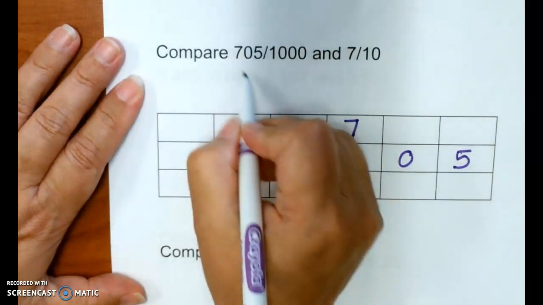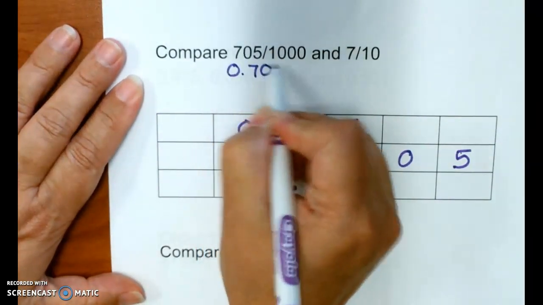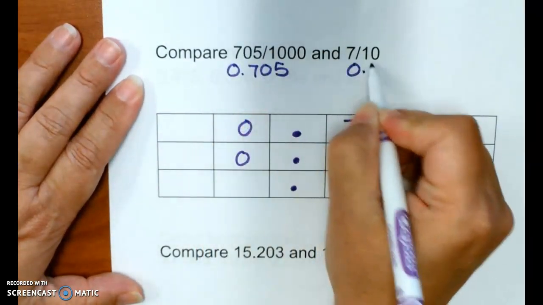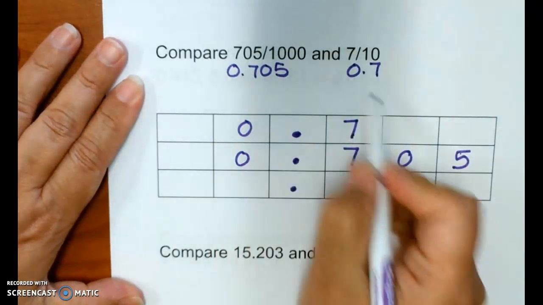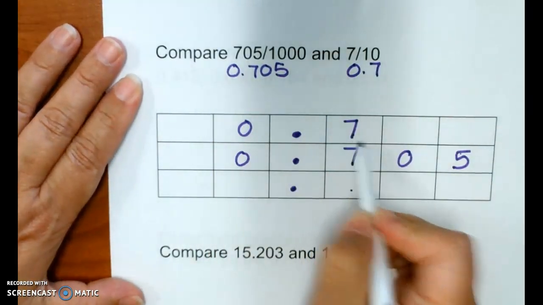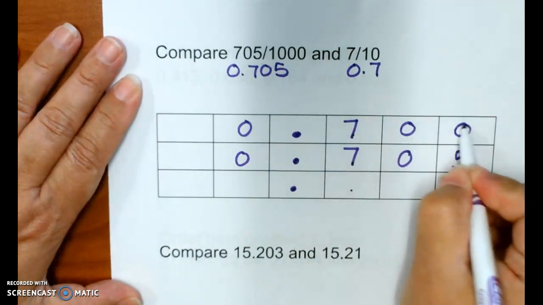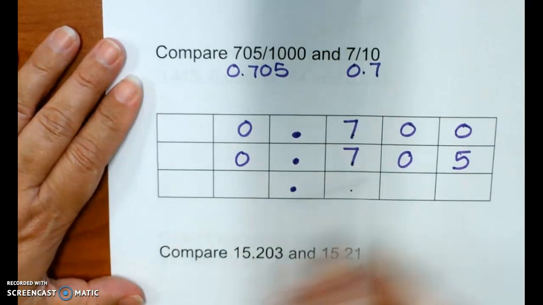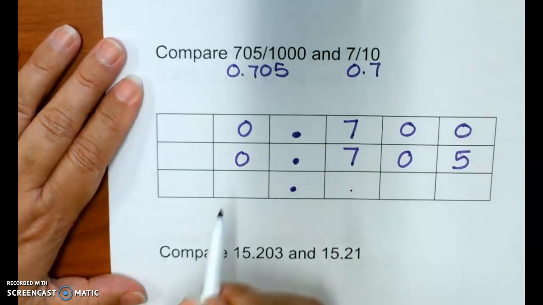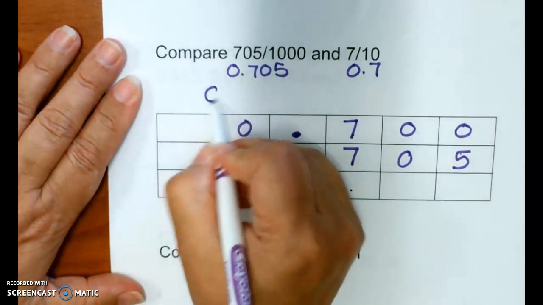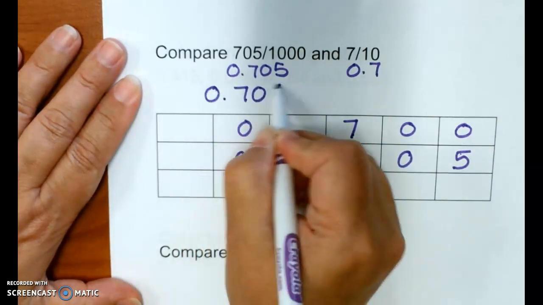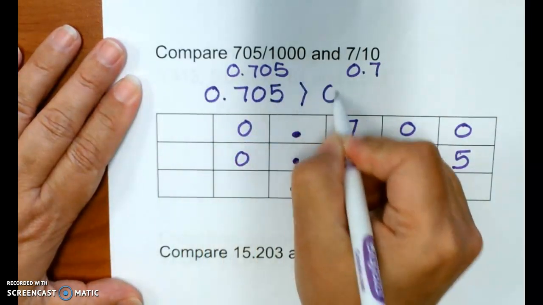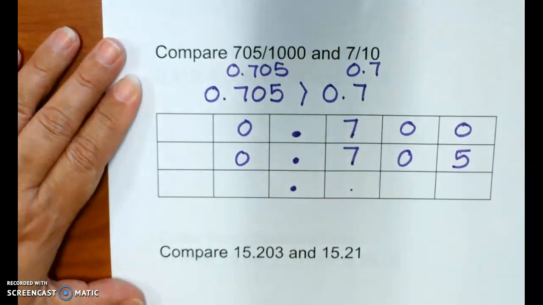This is in standard form, 705 thousandths, 7/10. Again, I can trade 7/10 for 700 thousandths. Which one's bigger? Is 705 bigger than 700? Yes, it is. 705 thousandths is greater than 7/10.